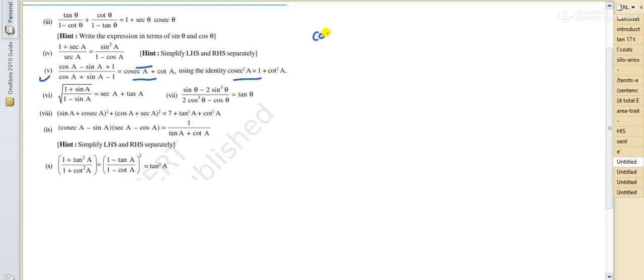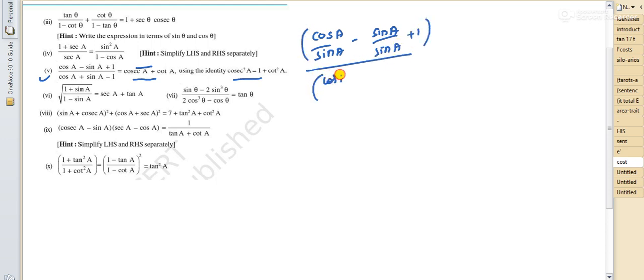Yes, so this becomes cos A by sine A minus sine A by sine A plus 1, and it is divided by, same, cos A by sine A plus sine A by sine A minus 1 by sine A. Everything should be divided by sine.